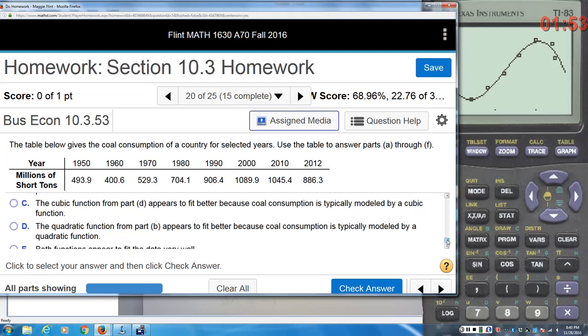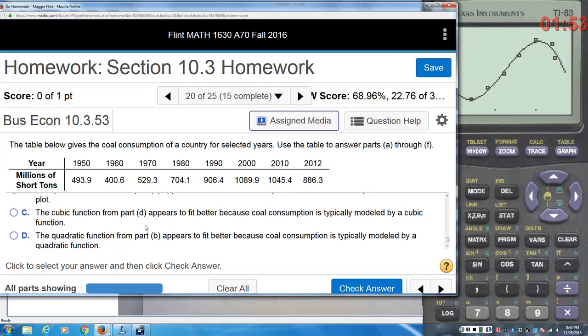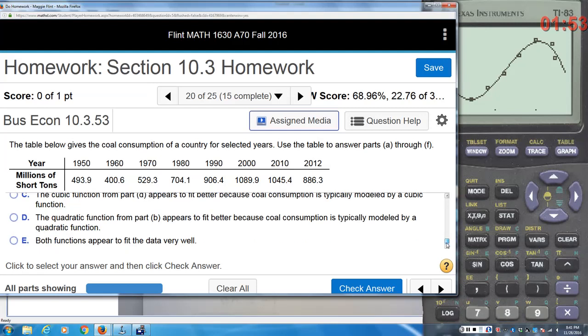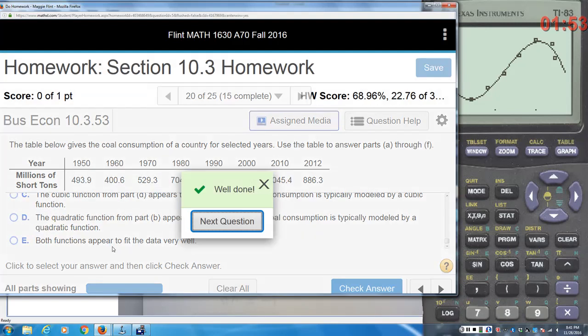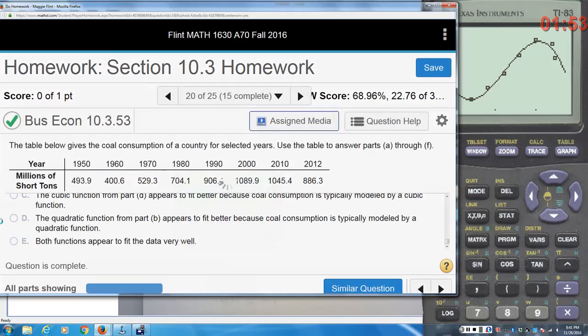Part C says the cubic function fits better because coal consumption is typically modeled by a cubic function. Well, no, there's nothing that says that. And the quadratic didn't fit very well. So the first answer was the one that said it fit the scatter plot best.